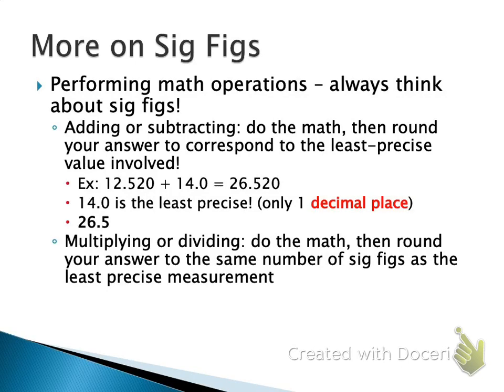Okay, so adding and subtracting is decimal places. Multiplying and dividing is significant figures. So I'll make a little extra note on here. Least precise measurement or number of Sig Figs.